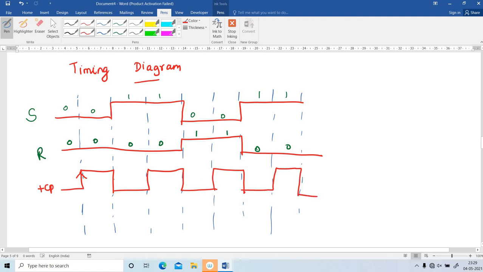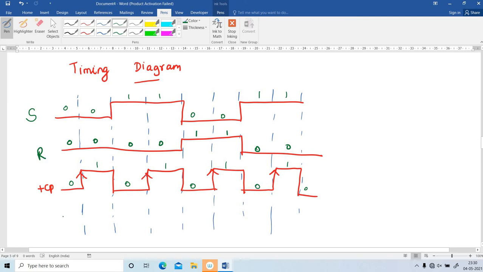That's all. So positive, positive, positive clock. Put 0 and 1 here, 0, 1, 0, 1, 0, 1, 0, 1 and 0.